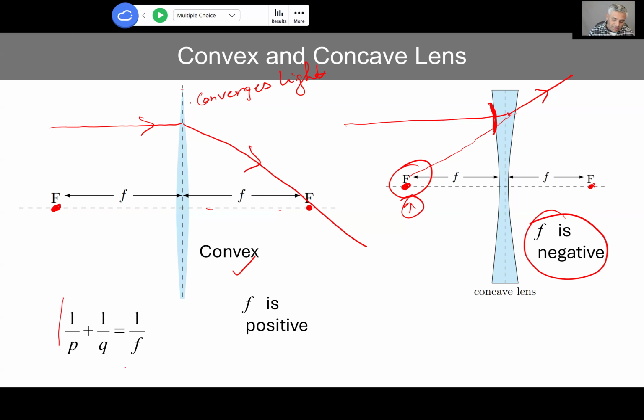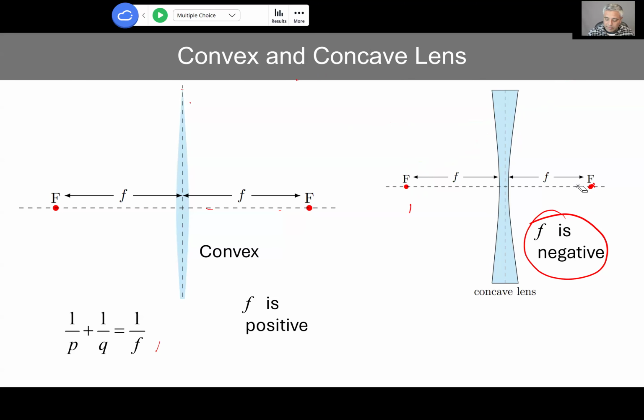So just like the mirror formula, the lens formula is the same formula. The only thing is that we have to be careful using the signs of P, Q, and F. Okay. So once we figure out how to write the signs correctly, it's just a matter of solving that equation, just like we did for the mirror.